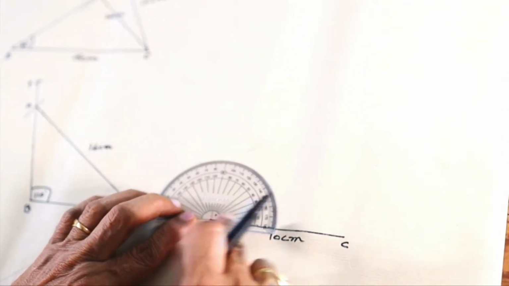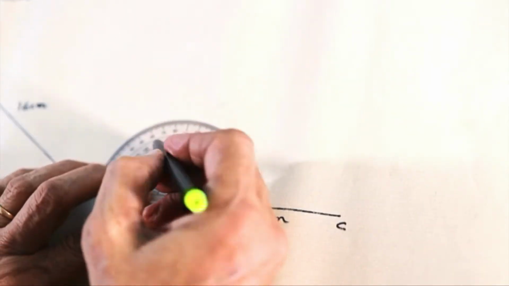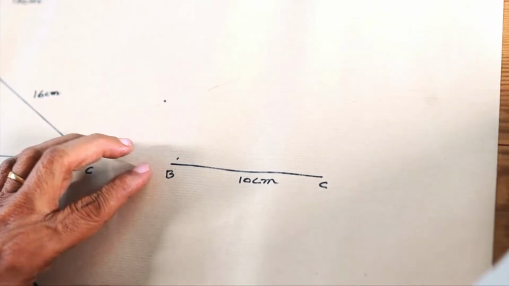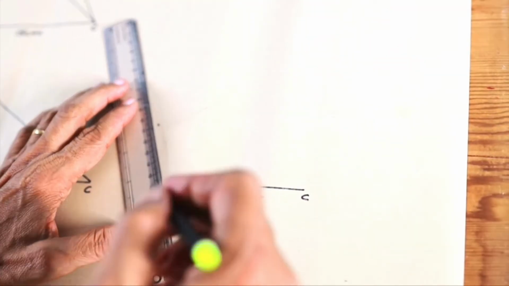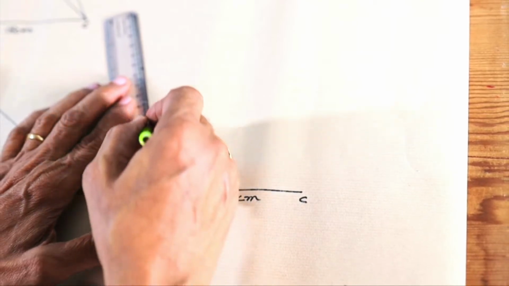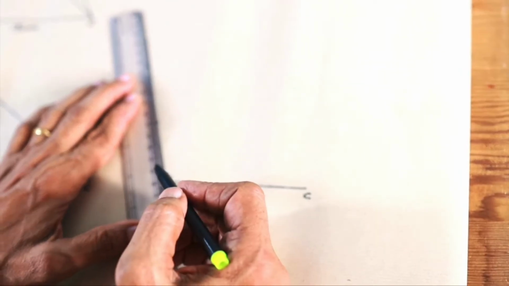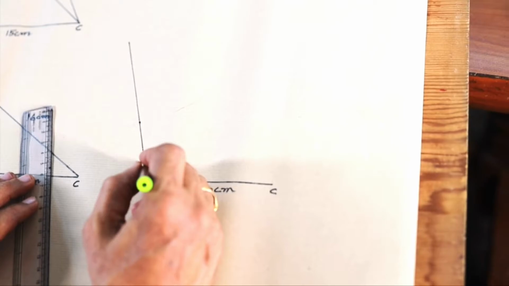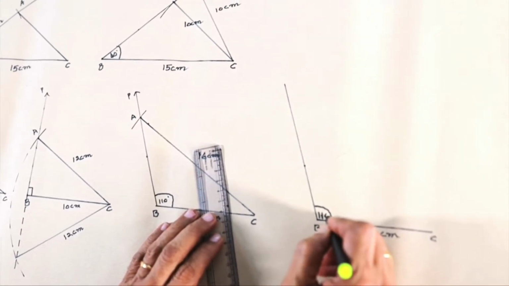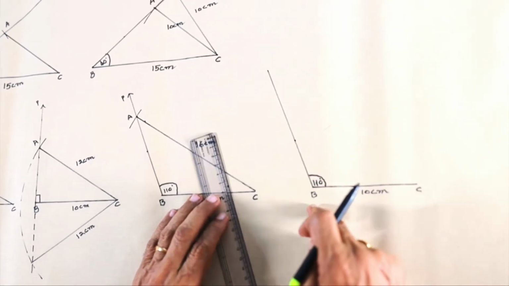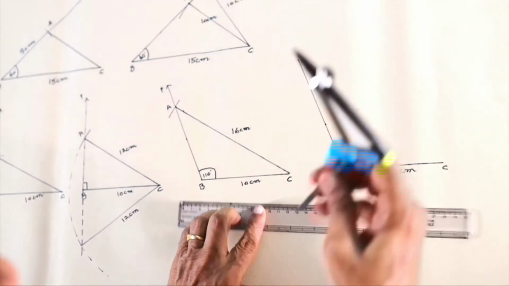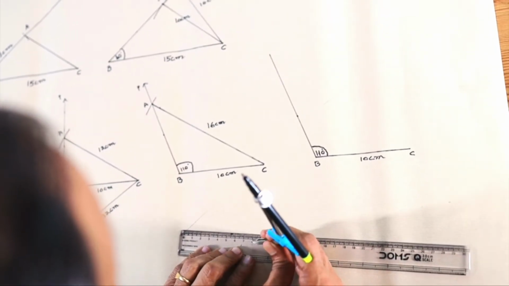Keep the protractor exactly on BC at B. So here is 110 degrees. Join B and this point. This angle is 110 degrees. Let us say that AB is given.